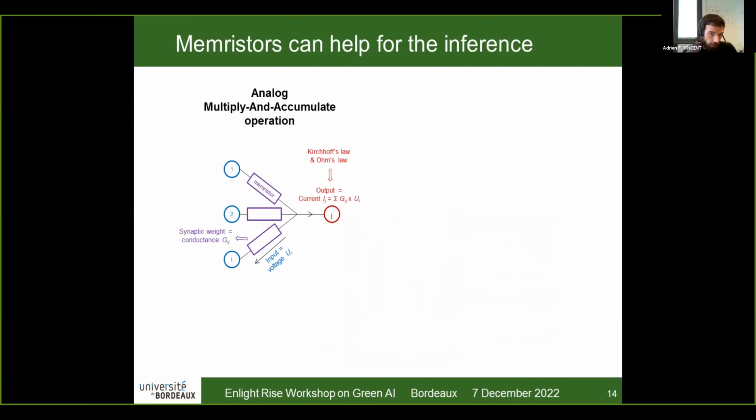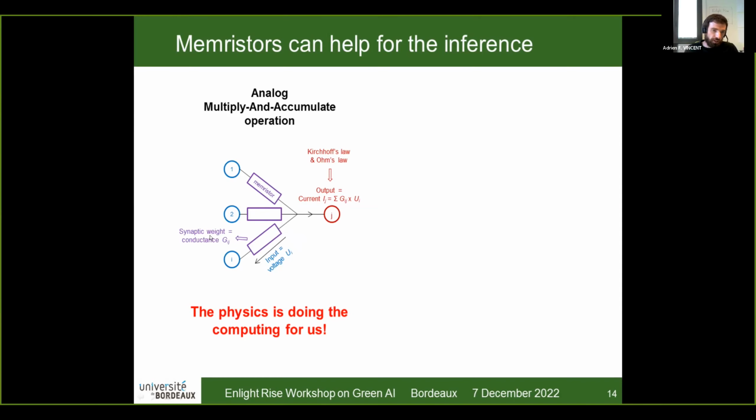And how can memristors be helpful? It's actually twofold. First, they can help for the inference step of a neural network. Again, if we come back to the multiply and accumulate operation that we were discussing before, the idea here is to use the physics to do the computation for us. So how do you do that? Basically, you build an electrical circuit like that one, where you present your inputs as voltages across memristors.